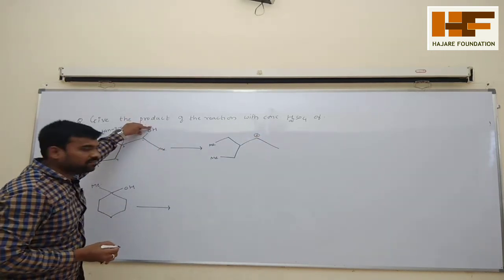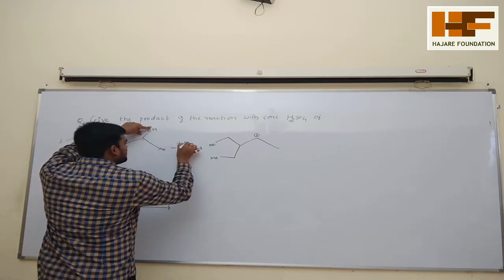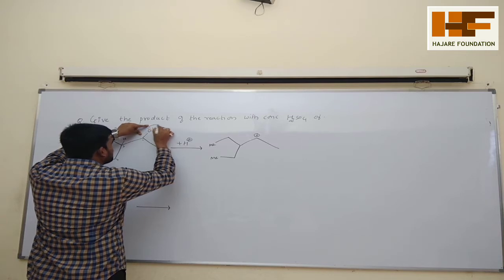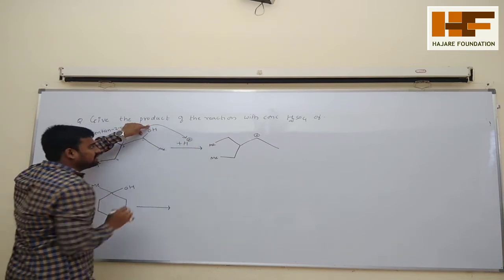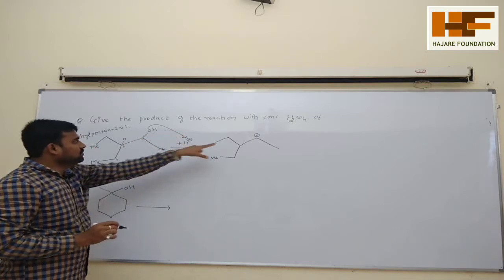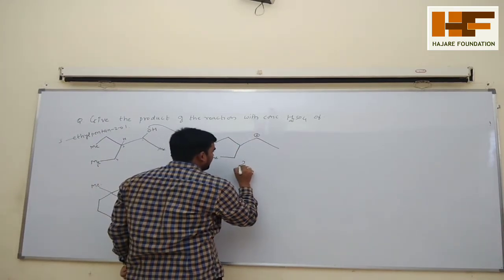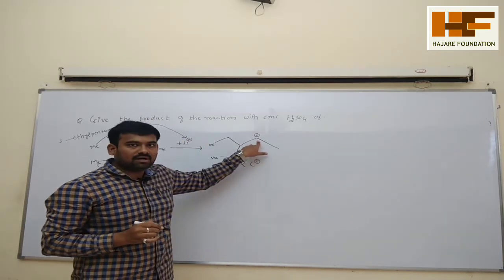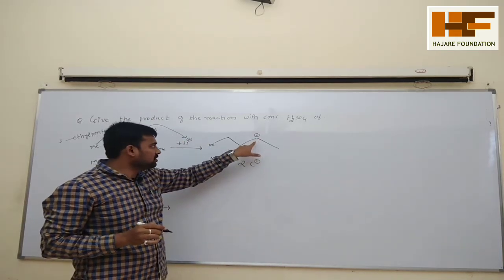OH will be removed from here. Plus H plus, in the sense what happened, the lone pair electrons will abstract H plus from the acid and form OH2, and this OH2 is removed. So to form a carbocation, this is called the secondary carbocation. What is a secondary carbocation? This carbon atom is attached to another two carbon atoms.